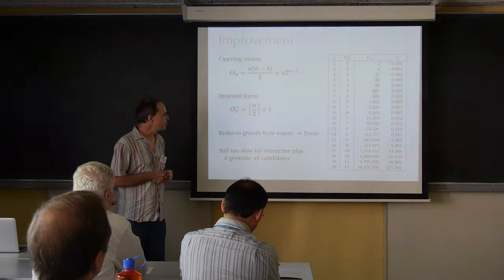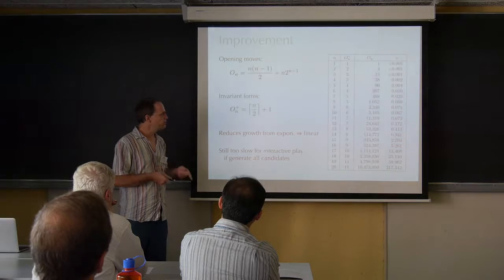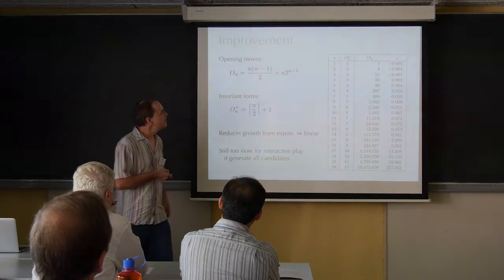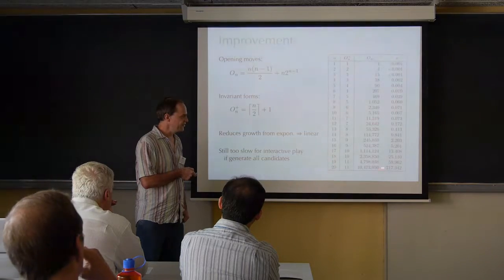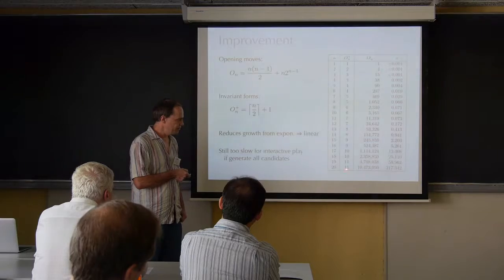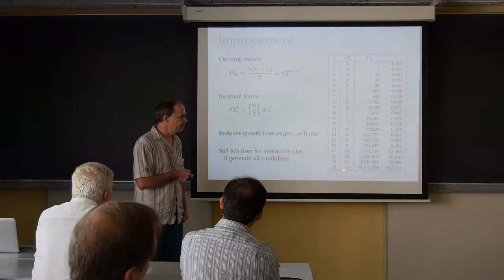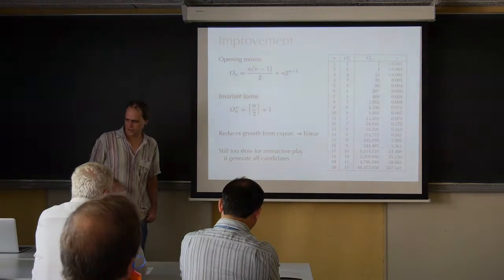But this is still too slow for interactive play if we have to generate all candidate moves before reducing to the canonical forms. So if we look at the n equals 20 case, if we generate all 10 million moves first before canonicalising to the 11 invariant forms, then that takes around 3.5 minutes on this laptop.